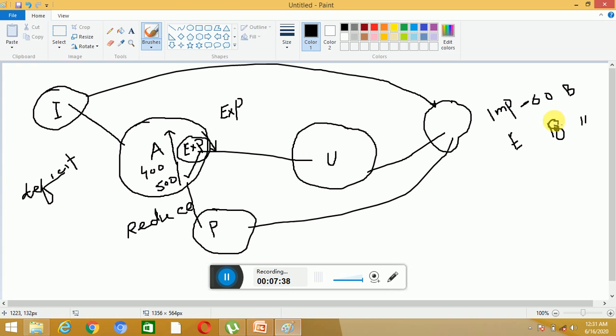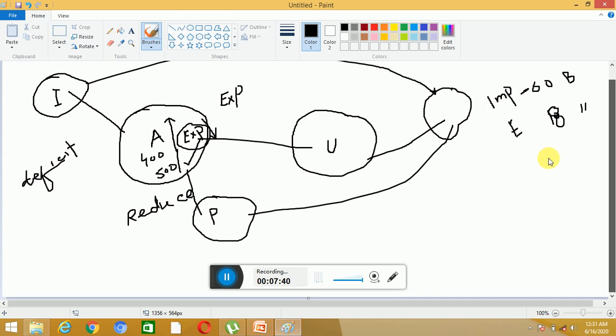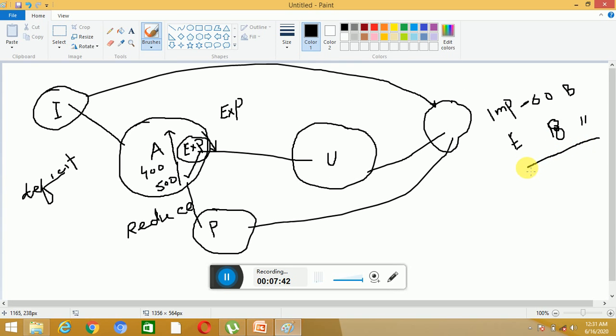8 billion. Previously our current account deficit was 60 minus 10. It was a 50 billion deficit. And now the deficit goes up to 52 billion. Previously the deficit was 60 minus 10, which was 50.